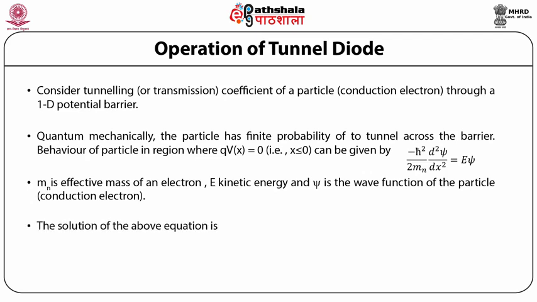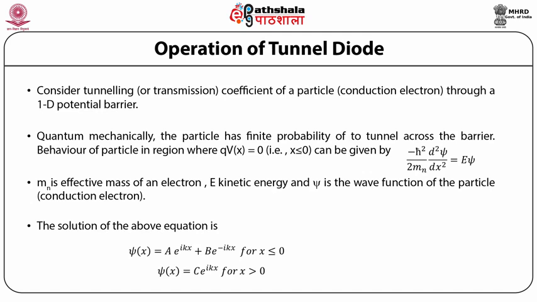So the solution of the second equation is given by psi(x) equal to a multiplied by exponential iota kx plus b exponential minus iota kx for x less than or equal to 0, and psi(x) equal to c exponential iota kx for x greater than d. So the above equation represents the incident and the reflected wave function with amplitude a, and the reflected one represents the amplitude b.